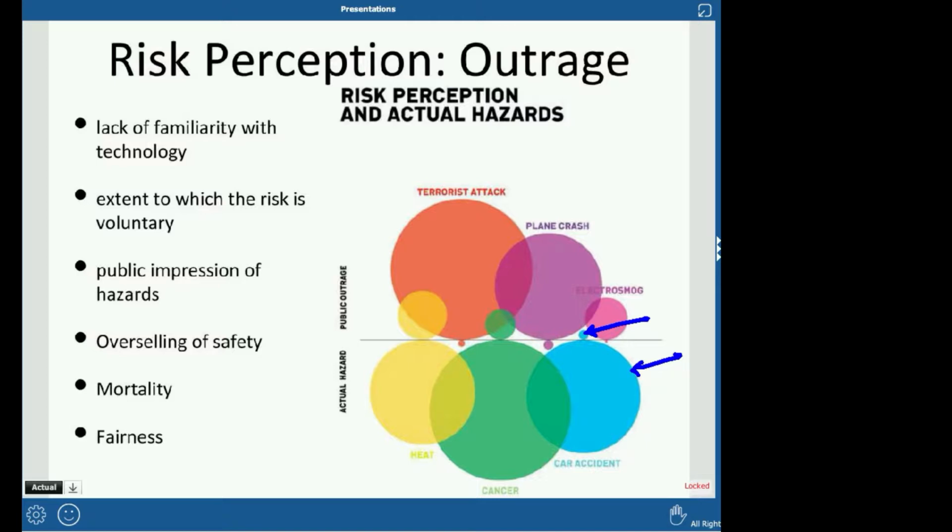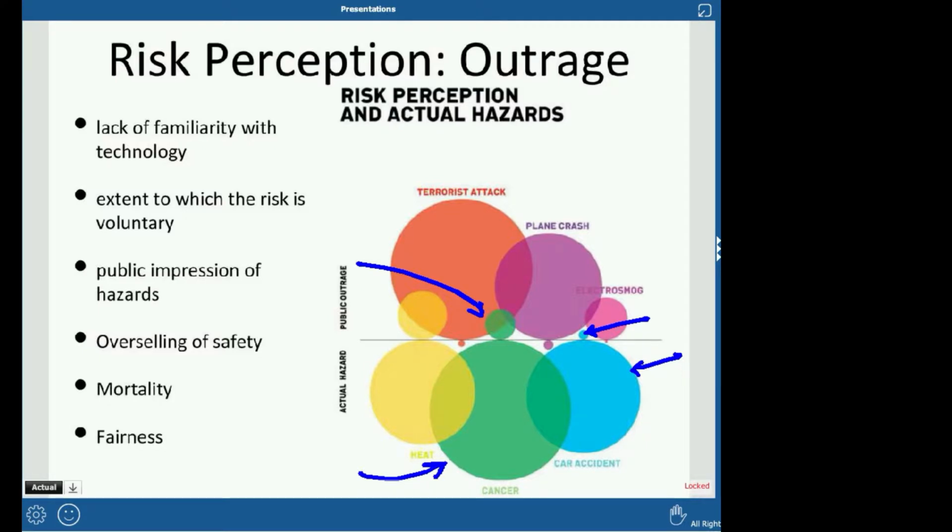The risk of cancer is very high, but the public outrage is not so much. And this might be because so many people have cancer that we don't even really think about it. Heat, you don't really think about heat being super dangerous, but the outrage over heat is not as large as the actual hazard of getting hurt from heat.